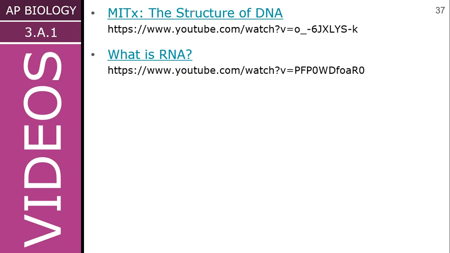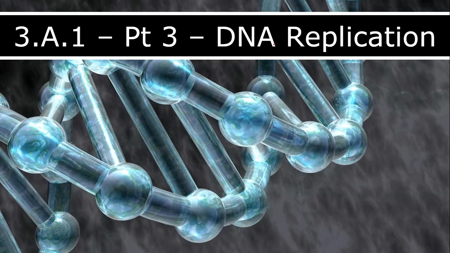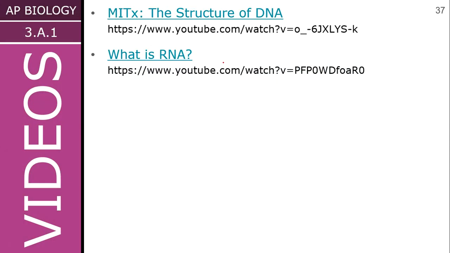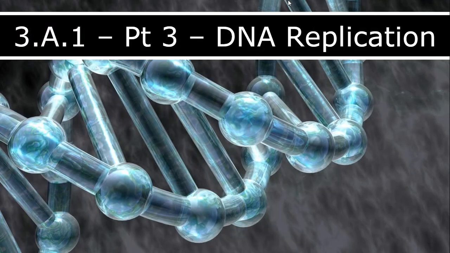Okay. Here's some information about structures of DNA and RNA that I think would be really useful, some supplemental videos. It's really important that you understand the structural differences between the two before we start getting into the functional differences. Now, to that end, we have unfortunately quite a crucial process that we need to learn in chapter 16, and that is the process of DNA replication.